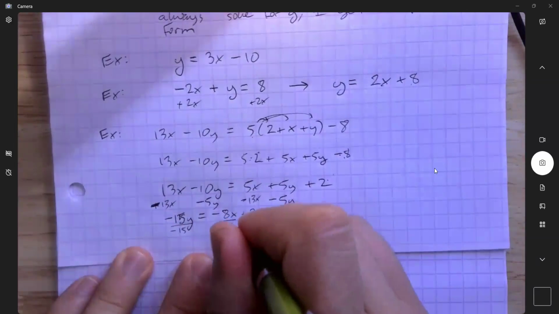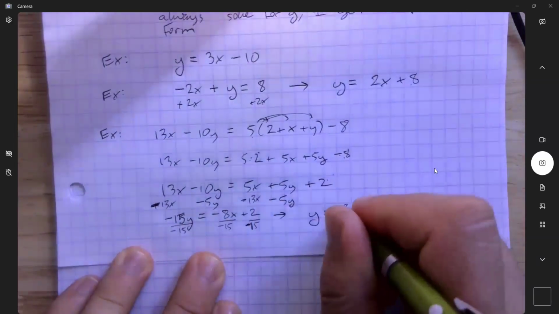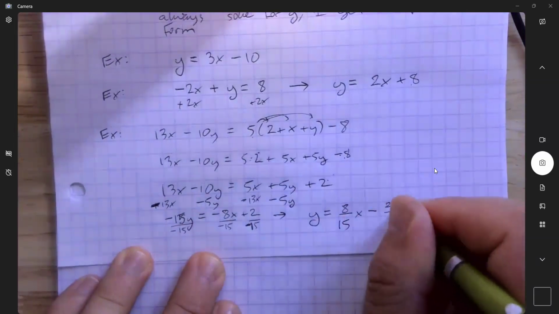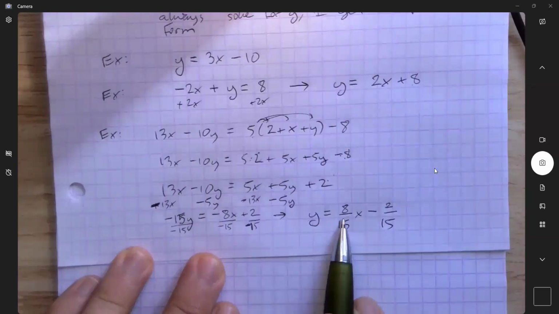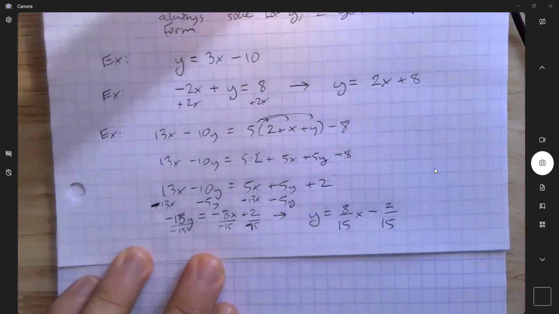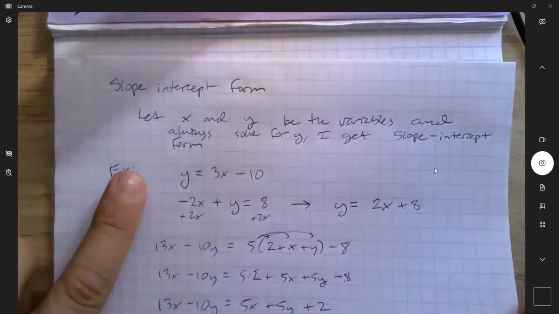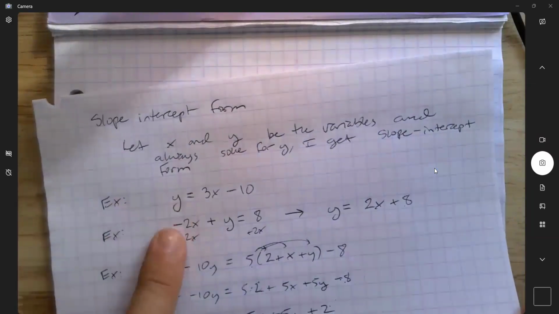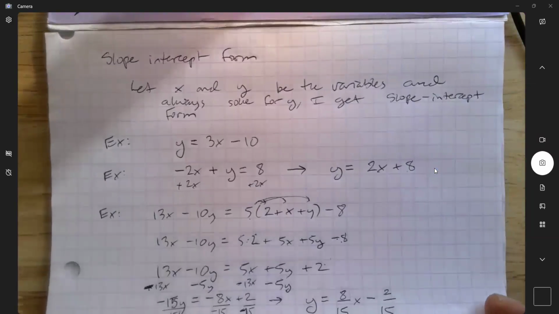And I'm going to get y equals 8 over 15 times x minus 2 over 15. So I still got it into slope-intercept form. Any linear equation that has two variables can always be written in slope-intercept form by doing this algebra.